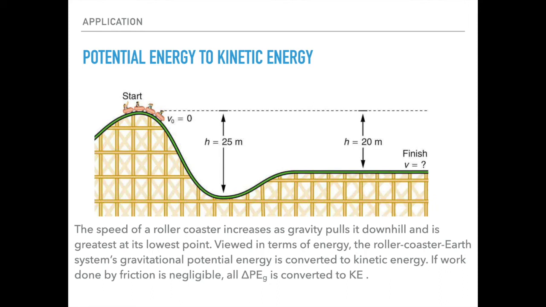It drops down to the bottom of that dip, which is a height of 25 meters, and then it goes back up another 5 meters to reach the finish. The gravitational potential energy that the roller coaster starts with is going to be converted to kinetic energy at the end. The question that we want to know is, what is the velocity at the end?